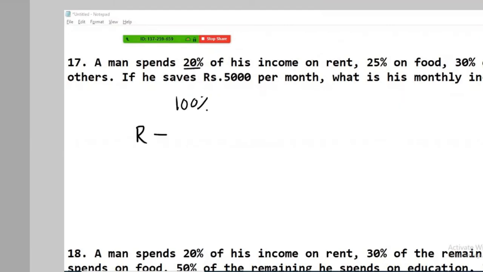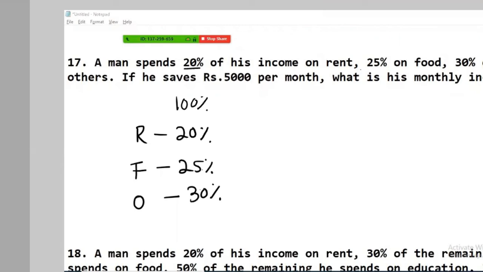So on rent, he's spending 20%, and 25% on food, and 30% on others. So 30 plus 25 is 55, plus 20 is 75%.